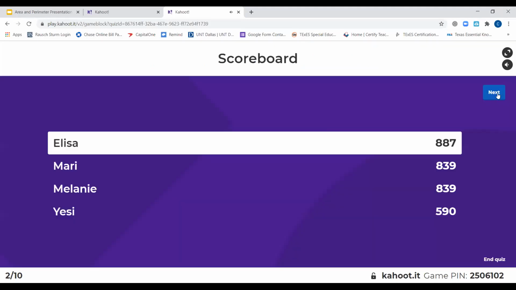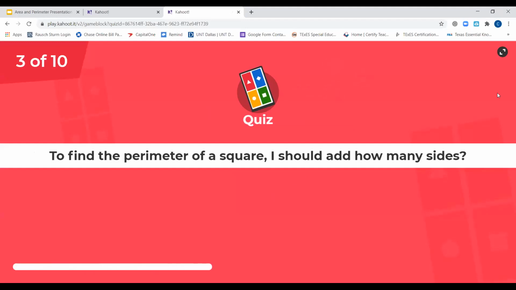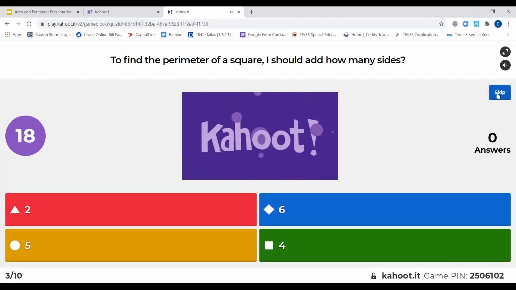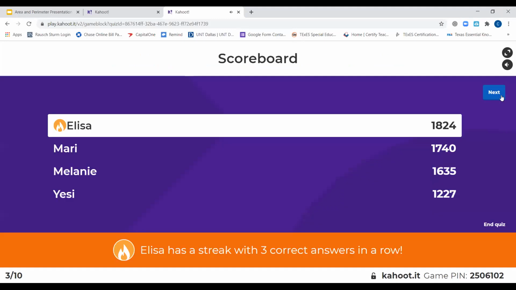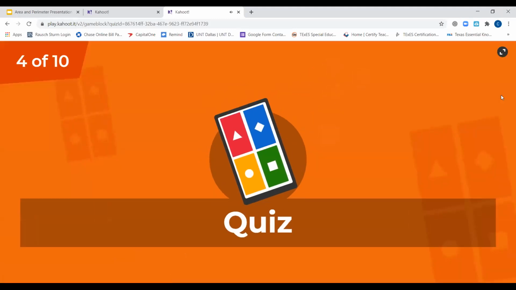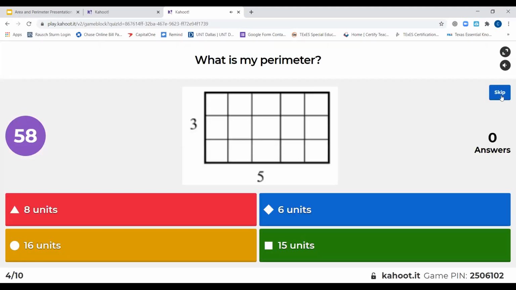You guys are awesome. To find the perimeter of a square, I should add how many sides? Watch your keywords. Awesome. Good job. What is my perimeter?